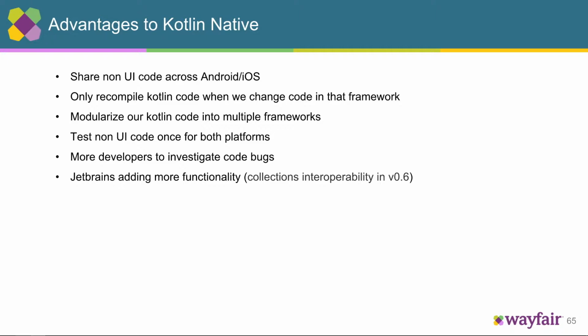One of the things that you might notice is when you click run, the only time that you'll recompile the Kotlin library is if anything in that library changed. So a big part of doing this project is that you could break up your app into all of its subcomponents, or modularize it, and that way only if a team changes something in their specific area will that be put into the whole compiling process.